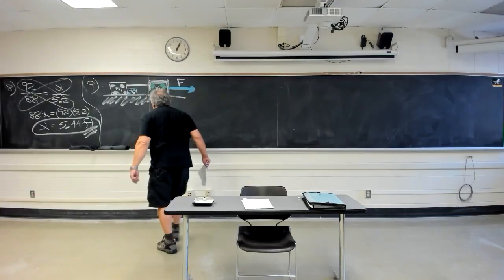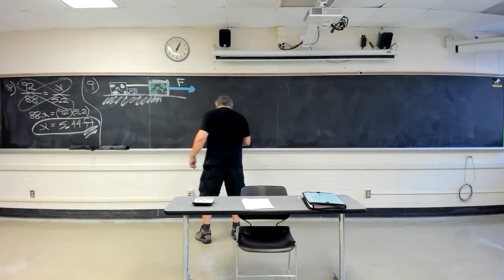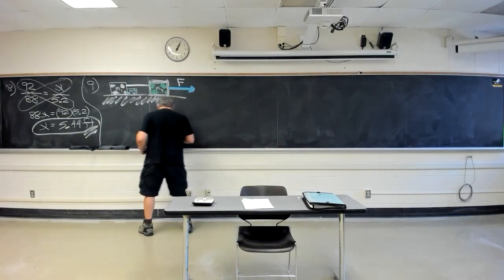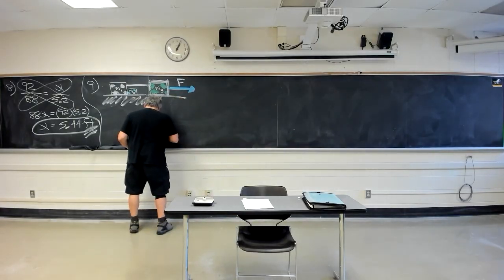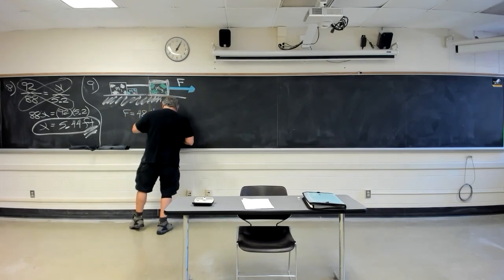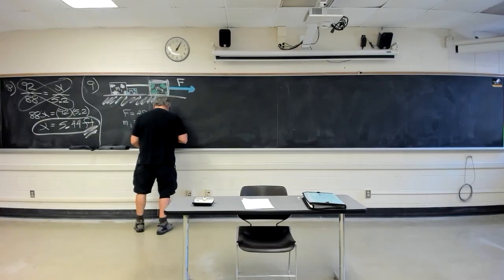Again, you'll see this when you're dealing with all this stuff, guys. They are telling us the three blocks in the figure are on a frictionless surface. F is 48.0 newtons. I'll just write it like 48. M1 is 2 kilograms.